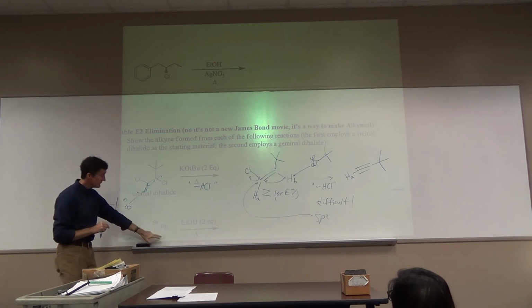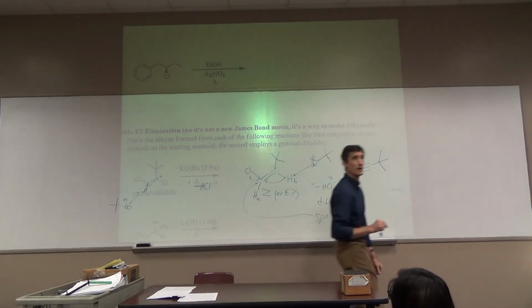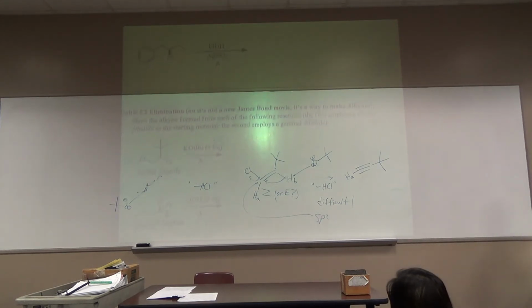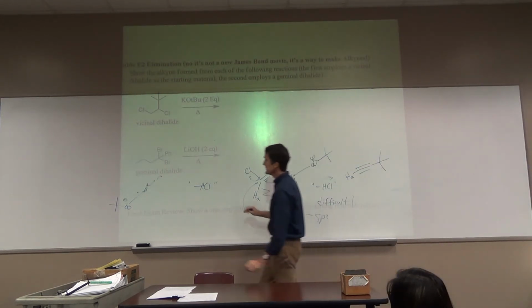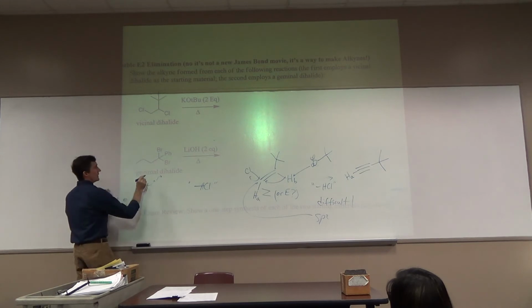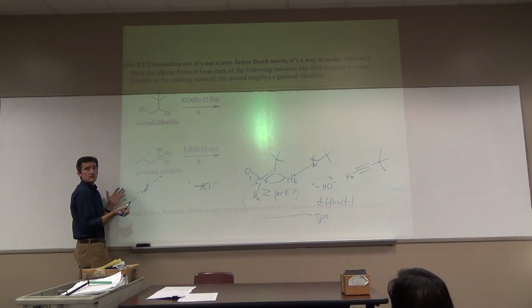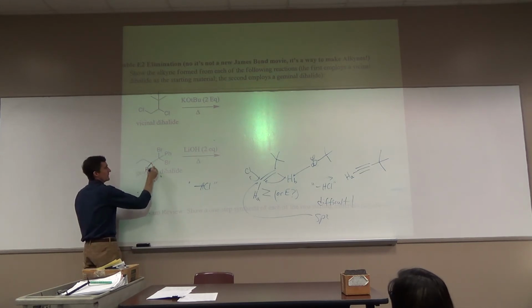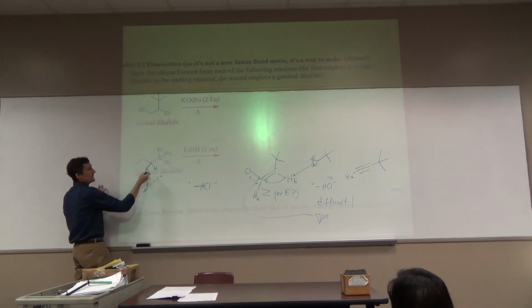The one below, the leaving groups are on the same carbon. Because they're on the same carbon, there's only one intermediate that's going to be formed because there's only one beta carbon.